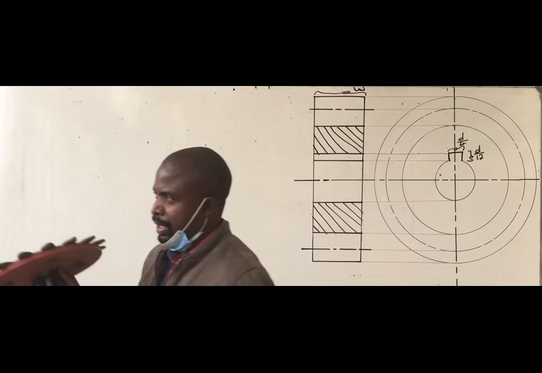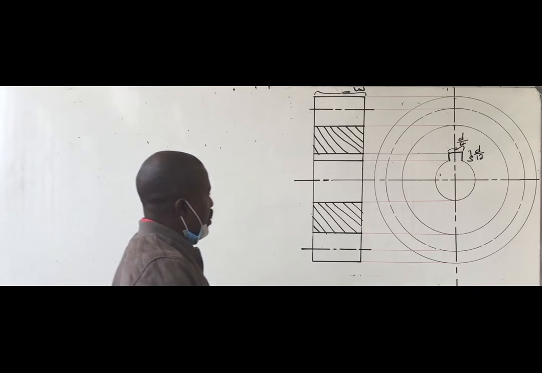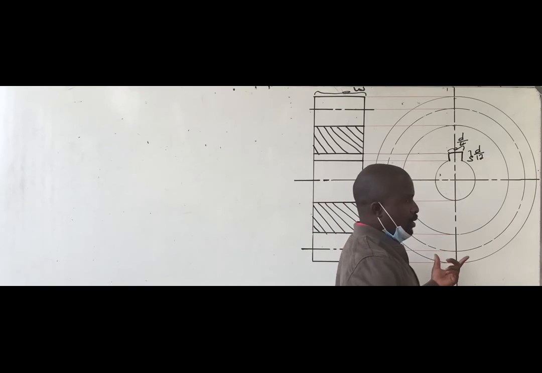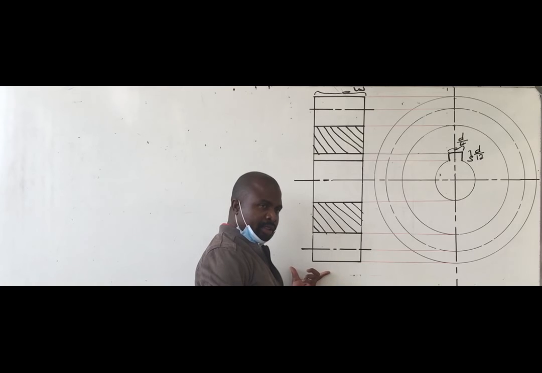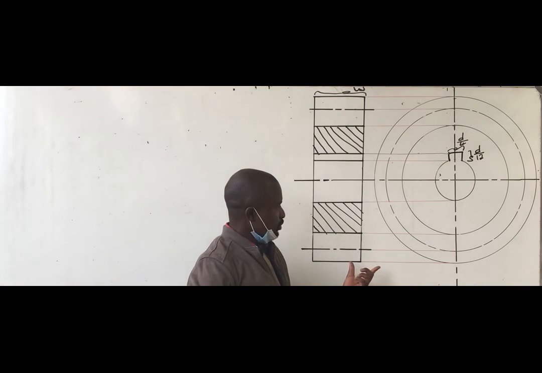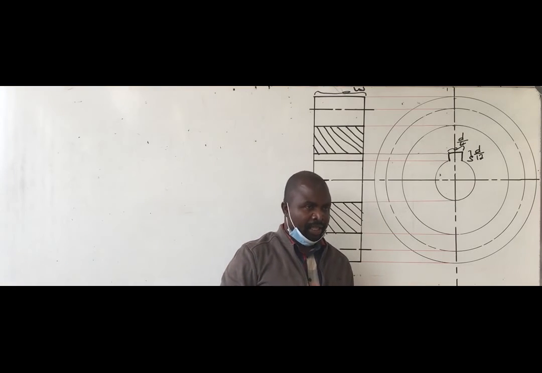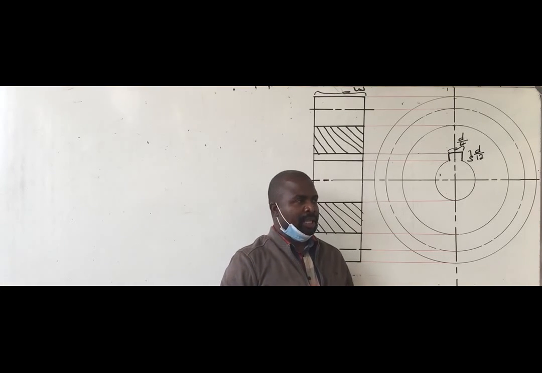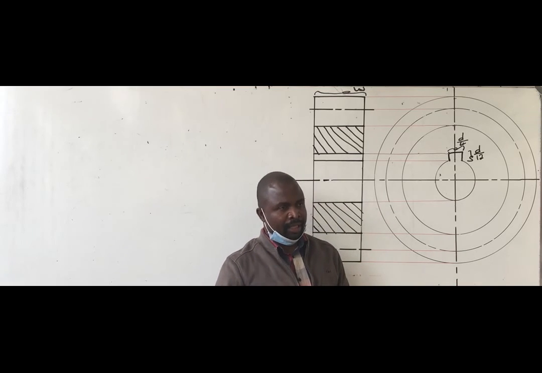So all I'm trying to say is this one is your front view. It's always on the left. This one is your side view, always on the right. So it does not matter if they say first angle or third angle, because the left side of the gear is the same as the right side of the gear.